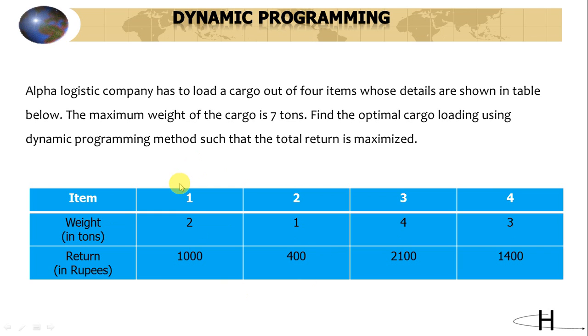So if we take the 3 quantity of item 1, its total weight will become 2 multiplied by 3 equal to 6 ton. Now if I take 4 quantity, it will exceed that limit, 7 ton.